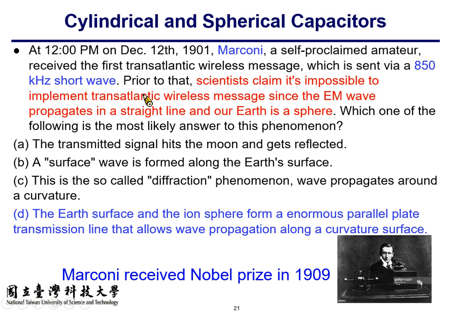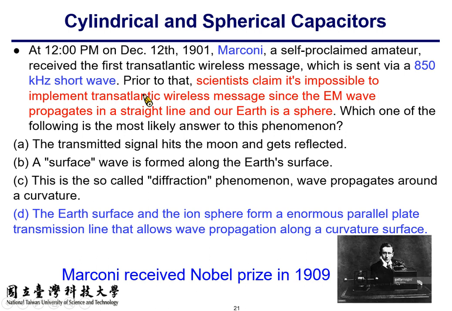In the year 1901, on December 12th at 12 p.m. (I think they picked this date and time particularly), Marconi, an Italian engineer, which should be described as an entrepreneur, 企业主，他自己自称是工程师啦，但他更像是一个企业主, successfully received the first transatlantic wireless message, that is, a radio wave sent from somewhere in England to Canada.